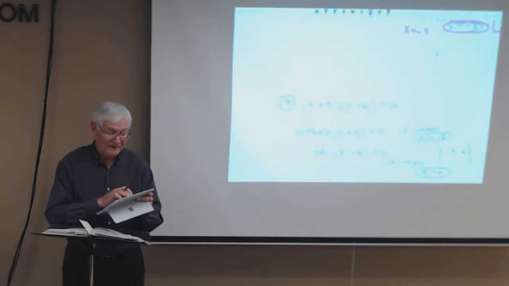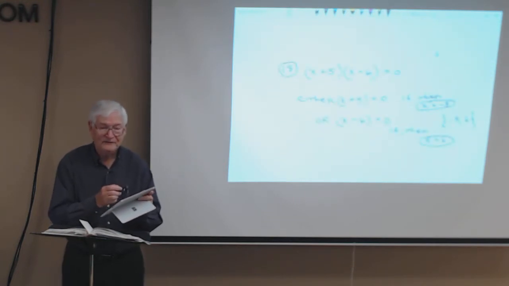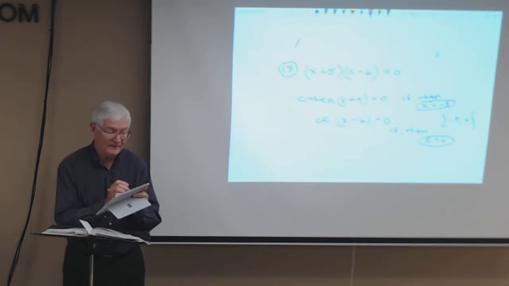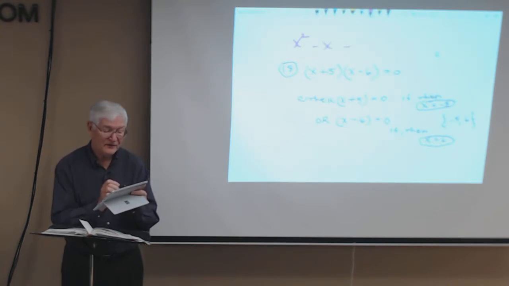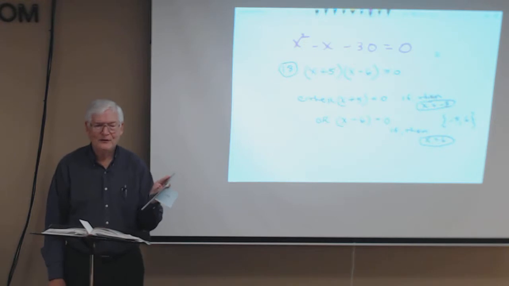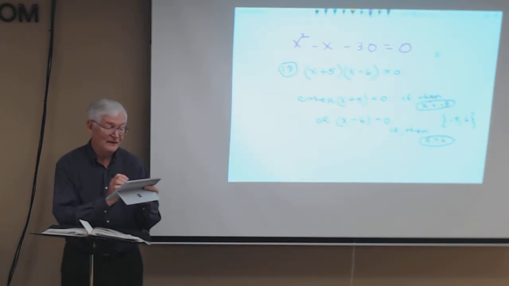Number 18. Now here again, they've given us the fact, they've already factored. But what would that look like if it hadn't been factored? That would have been x squared, then what? Minus x minus 30 equals 0. Can you do that in your head? You say, I can do the first and the last. I'm not sure about the middle.